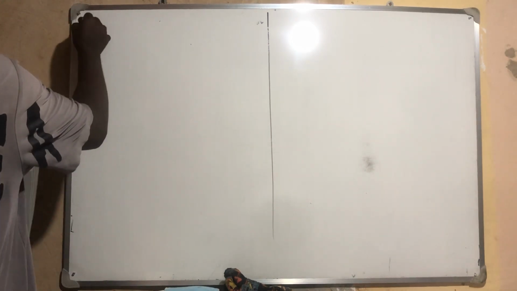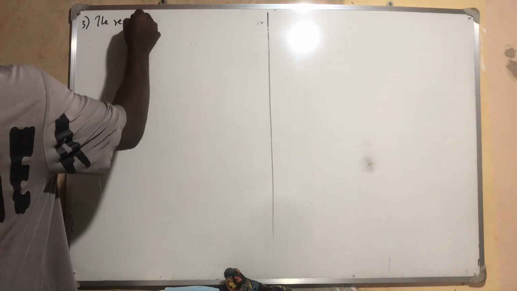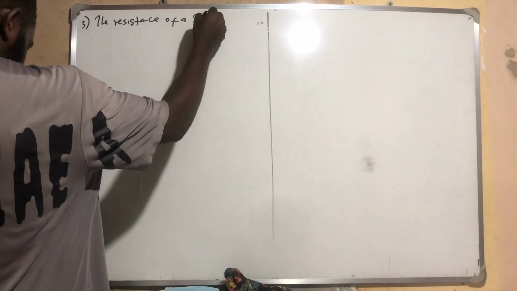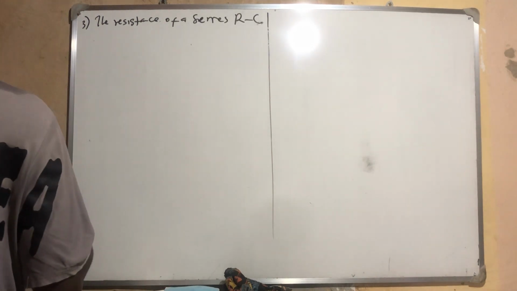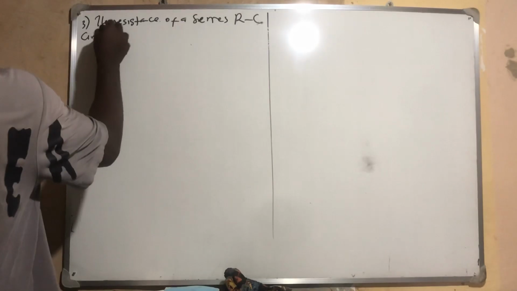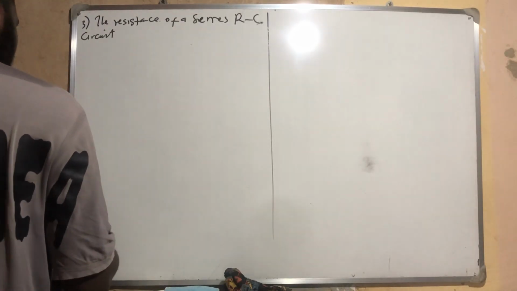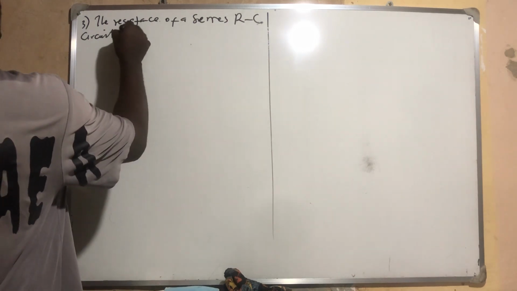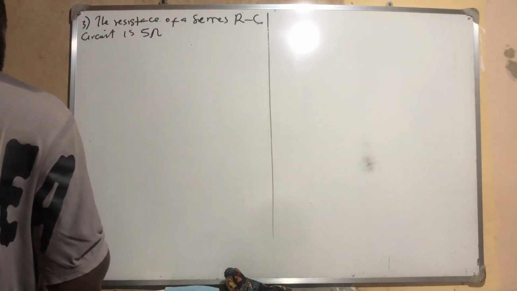Question number 3 said, the resistance of a series RC circuit, so an RC circuit means it contains a resistor and a capacitor, is 5 ohms. That is the resistance.